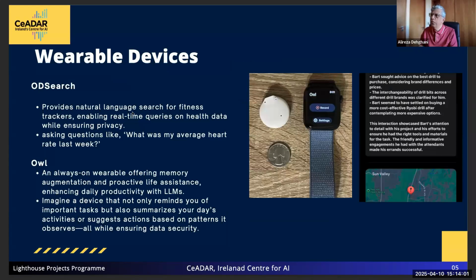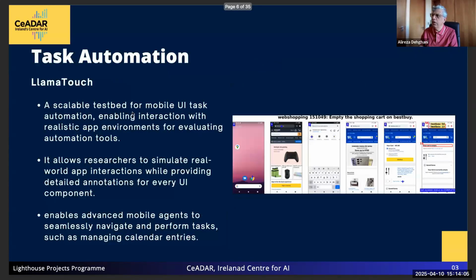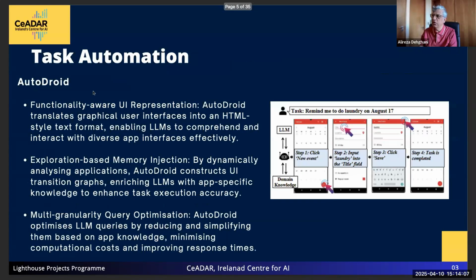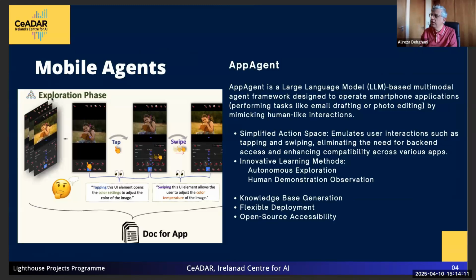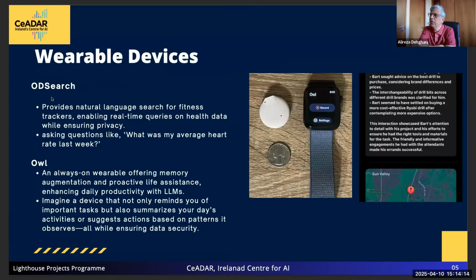Okay, let's look at some wearable devices applications of LLM at the edge. By far, we looked at some personal applications, AutoDroid, LLM Touch, and mobile agents, right? Now let's look at some wearable devices. So the first one that we want to talk about is OD search. That's a very interesting one.